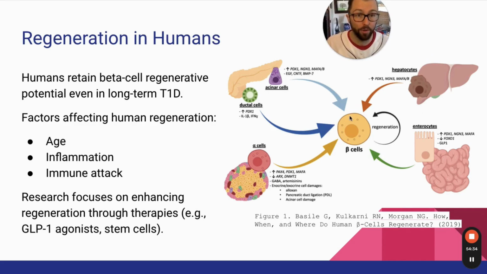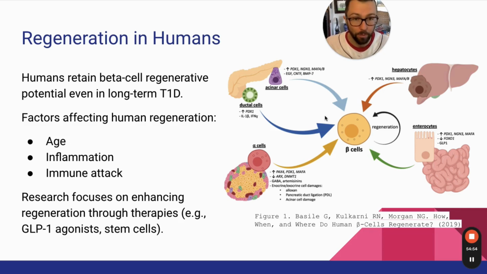And I've got this awesome graphic here, which I talk about and reference a lot in the previous episode, episode 46, The Secret Life of Beta Cells. But humans retain beta cell regenerative potential even in long-term type 1 diabetes.